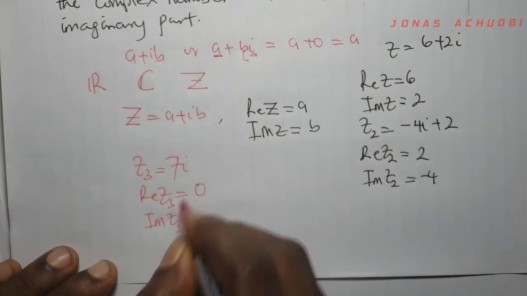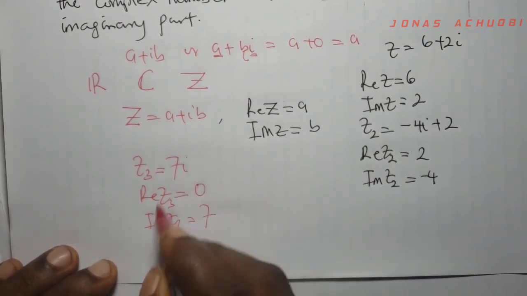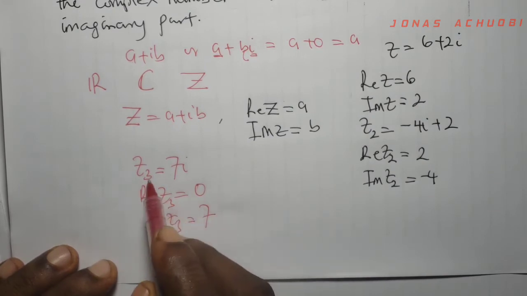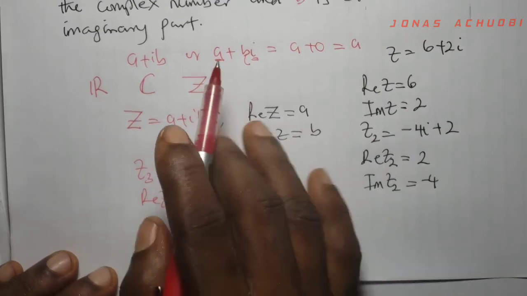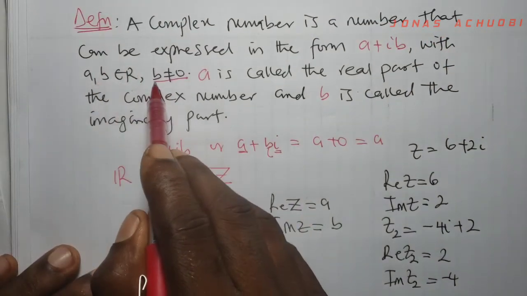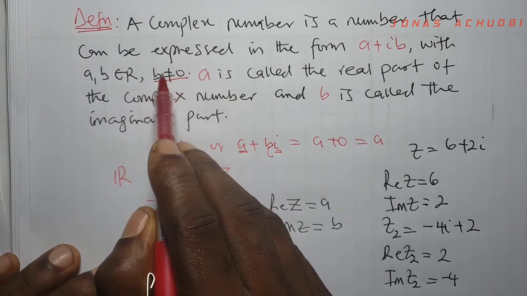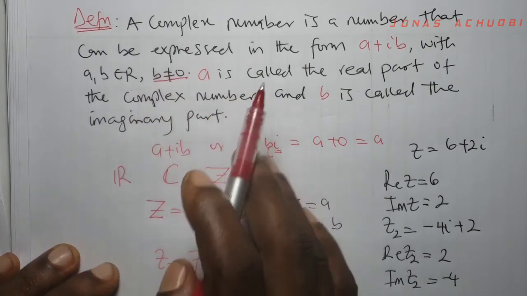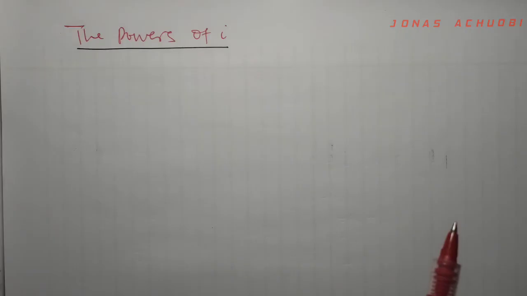So the real part there is 0, and the imaginary part is 7. So what do you see? You see that for a number to be a complex number, it is possible for the real part to be 0, but it is never possible, by our definition, for the imaginary part to be 0. Once the imaginary part of a number is 0, that number fails to be a complex number. It only becomes a real number.